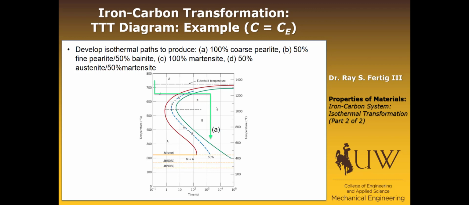Now let's move on to the 50% fine perlite, 50% bainite case. Remember, fine perlite forms much closer to this nose, further away from the eutectoid transformation temperature. So in this case, let's cool down to, let's say, 550 degrees C, and then we're going to hold. We want to create 50% fine perlite, so we want to hold until we get to this 50% transformation line. That looks to be about 3 seconds.